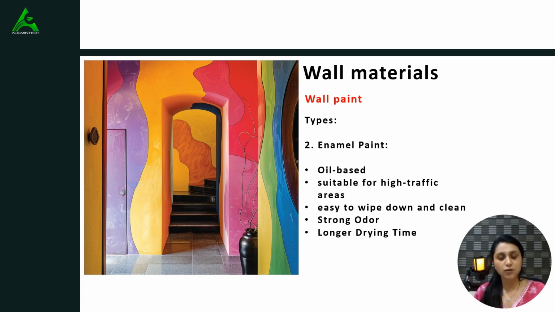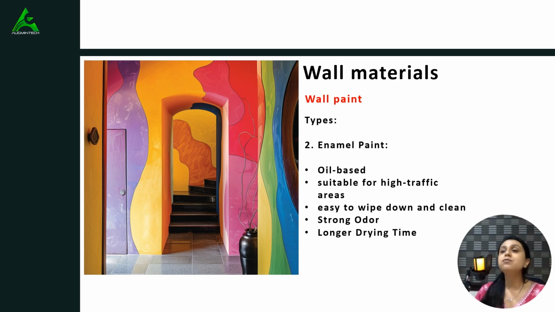If you have small stains on the wall, those can be removed with the help of wiping. So that is what makes it easier for commercial people. If people are working with a cafe, let's say, or somebody has just put their fingerprints on the wall.